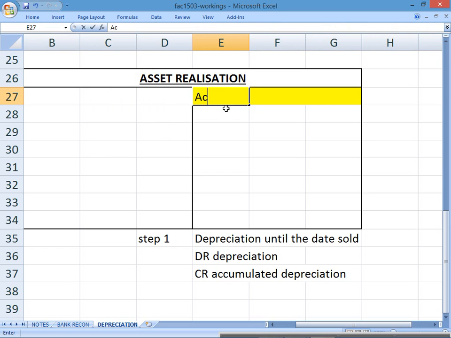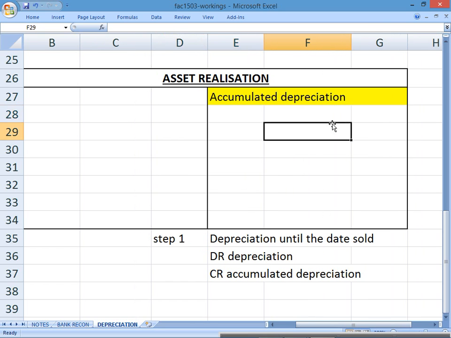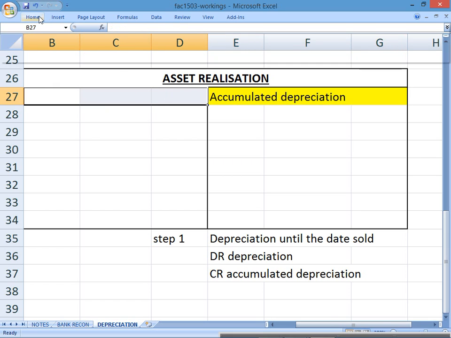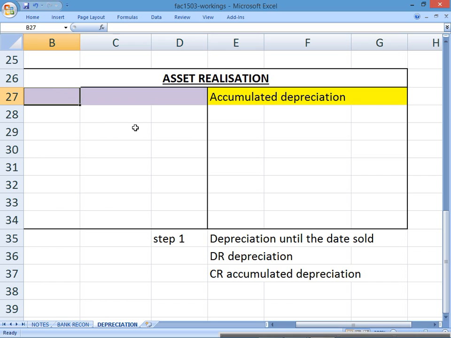So accumulated depreciation will go here on that side of the account, because it's a negative asset. And then the cost, which is the next step, would go here. You're selling the asset, so this would have been maybe vehicles. This is the cost.